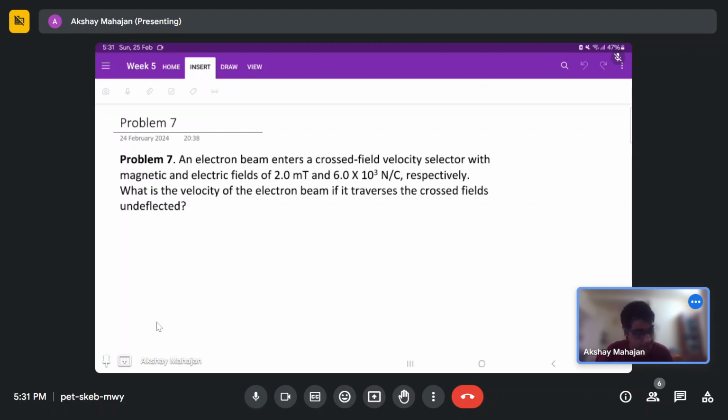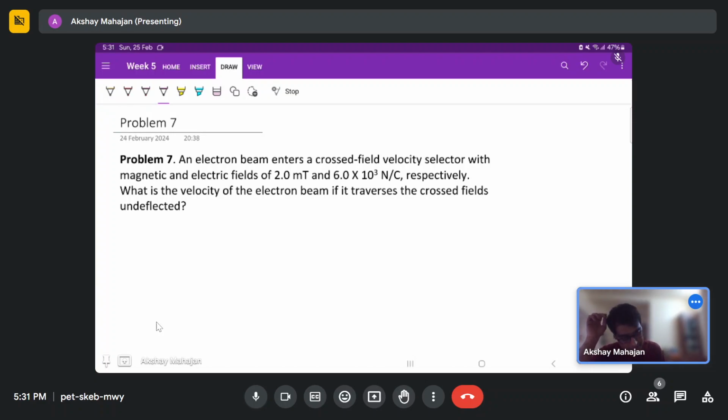Alright, so let's go to our next problem. This is problem number 7. This is not a tight binding problem, just to refresh us, since we have done a lot of tight binding problems. Let's do something else. You must be tired seeing the tight binding, so let's do a simple problem on Hall effect.